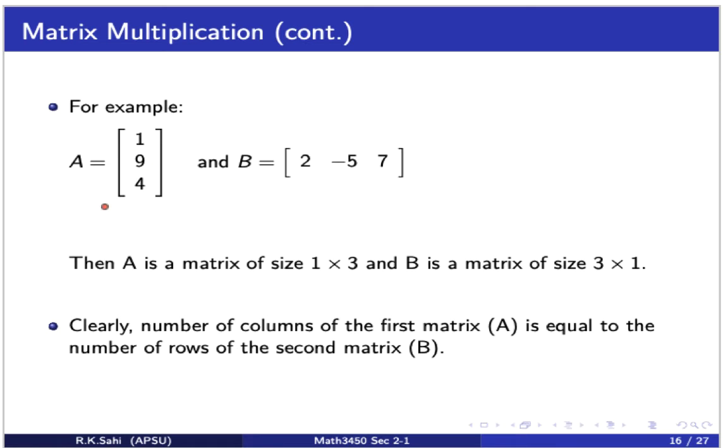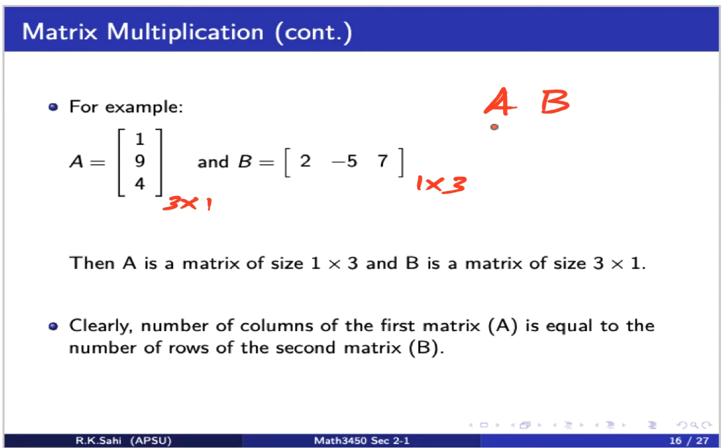Now, I have a matrix A. If you notice, this is a 3 by 1, and a matrix B, which is of size 1 by 3. A, if you remember, is a column matrix and B is a row matrix. So if I want to multiply A with B, can I do A with B?